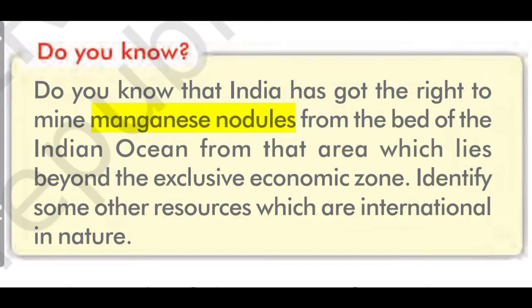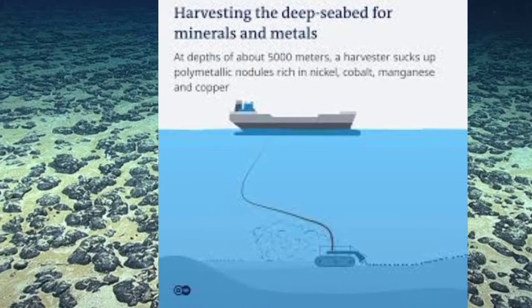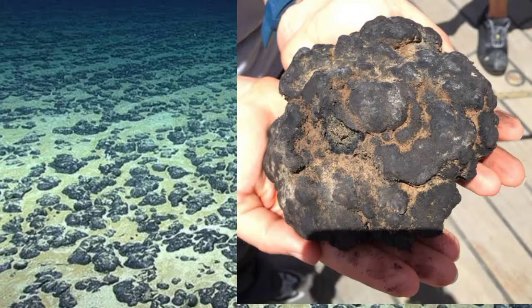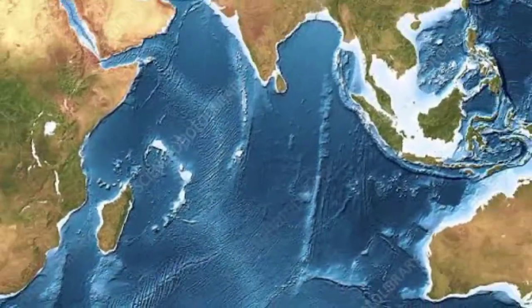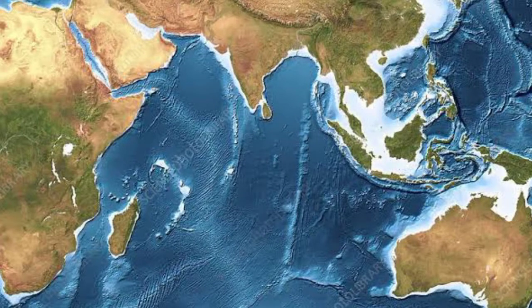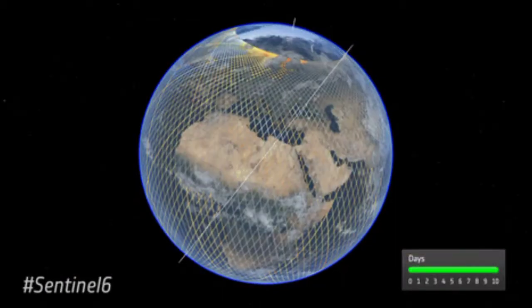Do you know that India has got the right to mine manganese nodules from the bed of the Indian Ocean, from that area which lies beyond the exclusive economic zone? Identify some other resources which are international in nature.